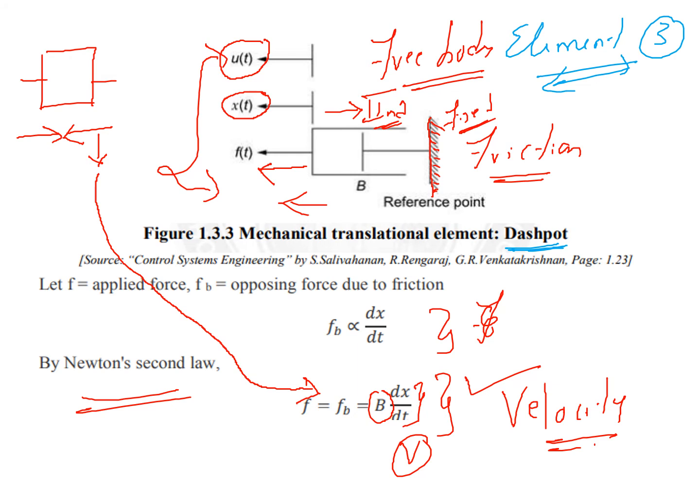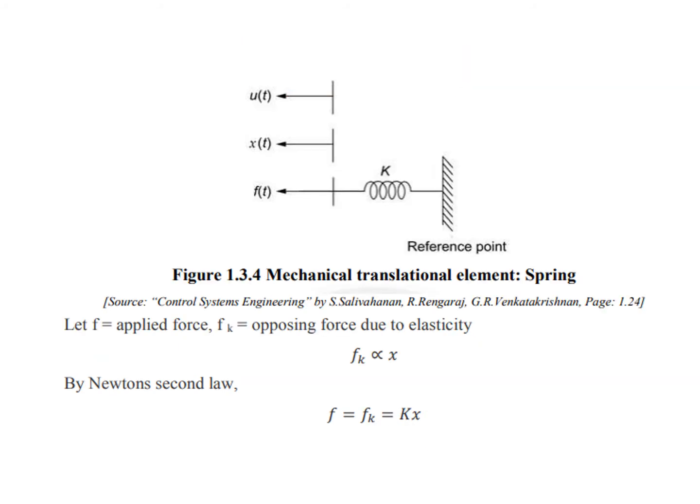That is all there is in this. Then we can move to the third important element, that is called spring. So spring is an element which stores potential energy. Keep it in mind, we are talking about translation force.